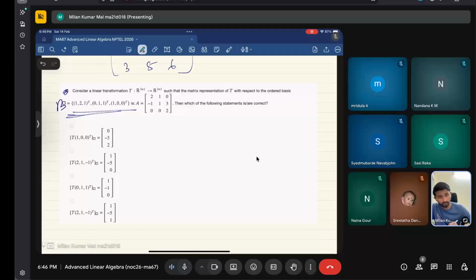What we know, and this is very standard, is the matrix representation.